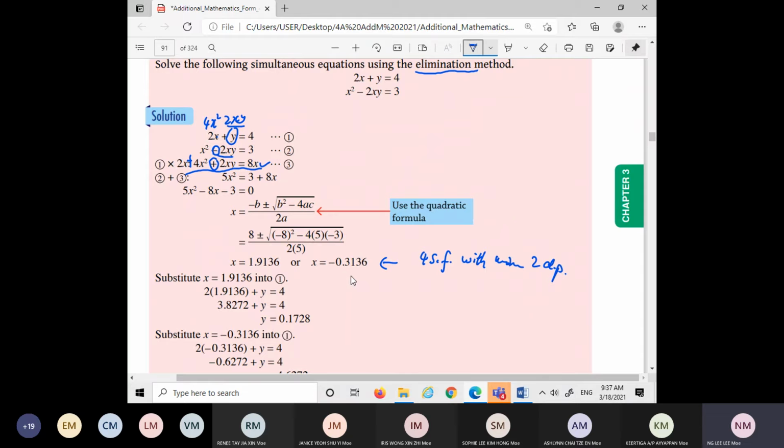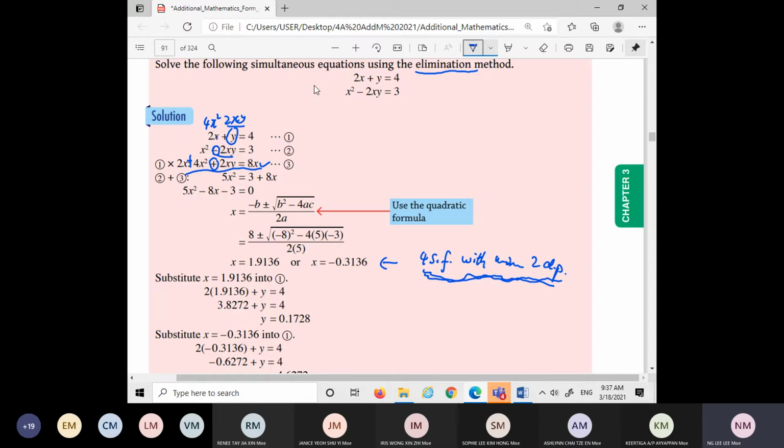If afterwards when you do the exercise, you see the answer at the back, they give less than this, don't care about the answer at the back, you still follow this. I want you to make it a habit, follow this always. 4 significant figures with minimum 2 decimal places.